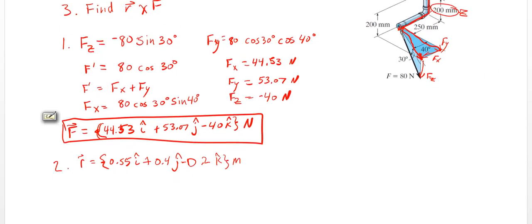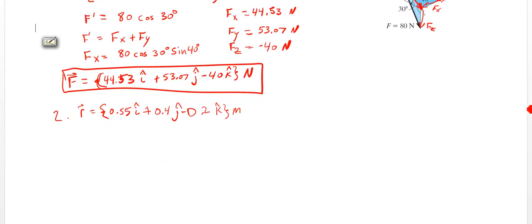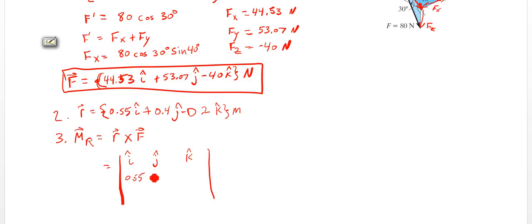And then we need to find M_R, the resultant moment, which is R cross F. So it's going to be i, j, k. Our R components here are 0.55, 0.4, negative 0.2, and then our F components, 44.53, 53.07, and negative 40.